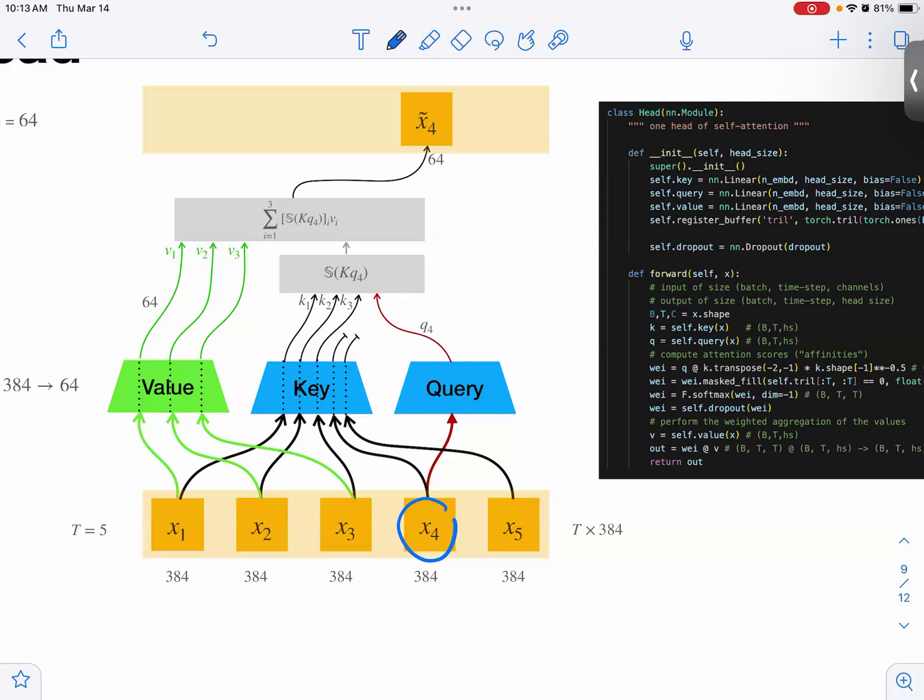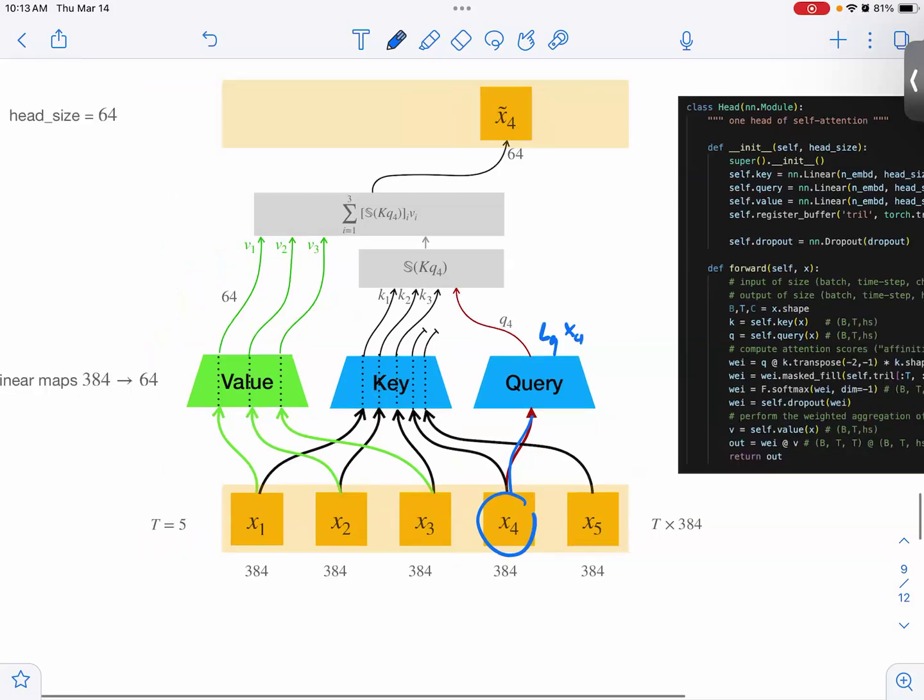Okay. What this word is going to do is pass this representation through a query. So this is a linear map, let's call it LQ of x4. The linear layer has parameters. It produces a query, which is just a linear function of its position. And every one of the words also produces a key.